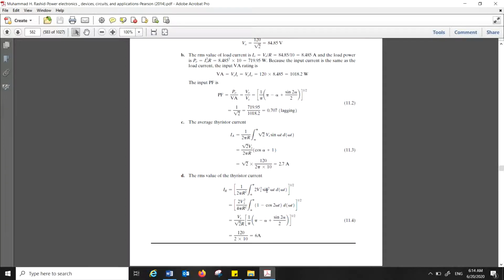Since it is a squared term, it cannot be solved directly in the integral.